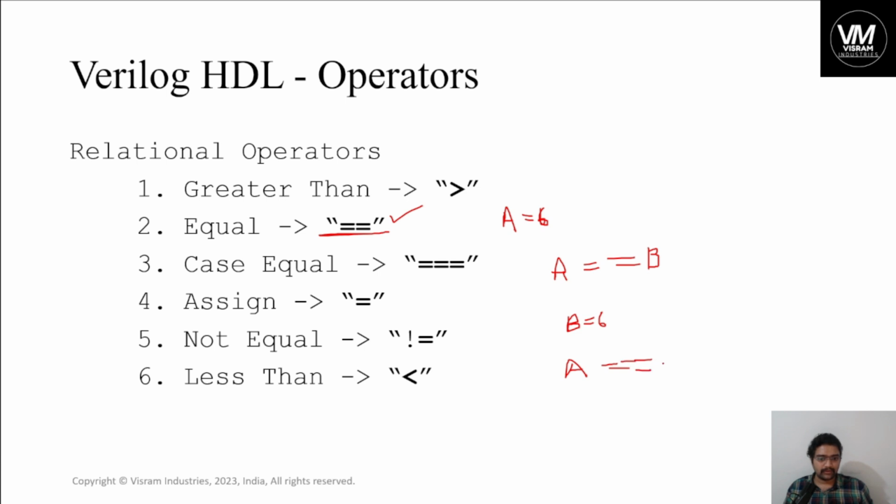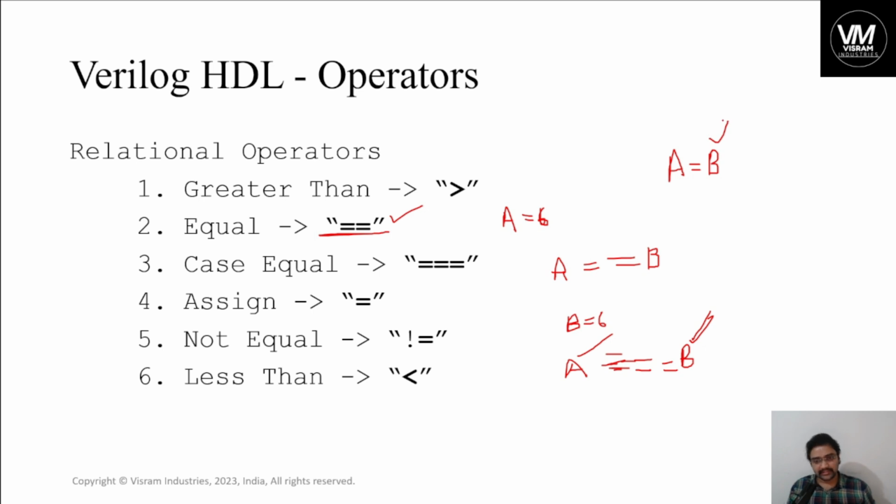And if I say A case equal, triple equal to B, then it checks the condition between A and B. And assign, this is most rarely used, not to get worried, A assign B. Okay, this is just for verification. And what is the difference between this and this?